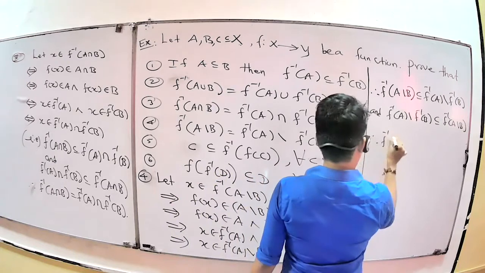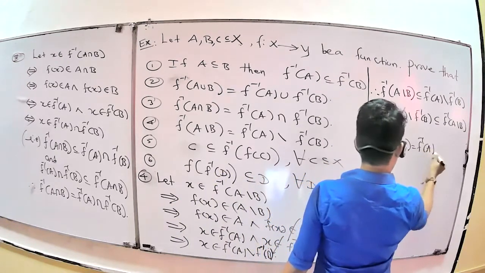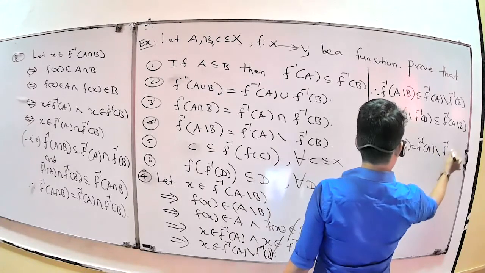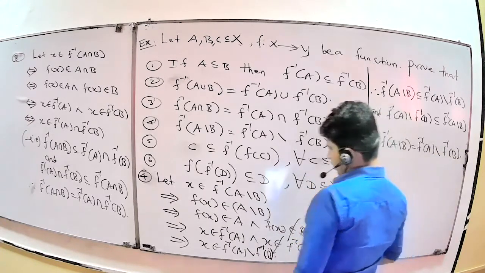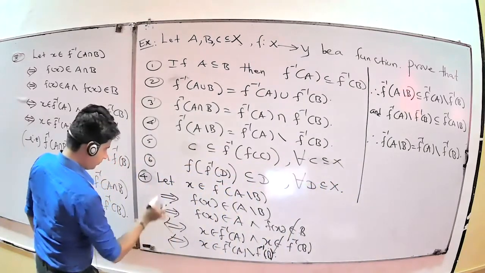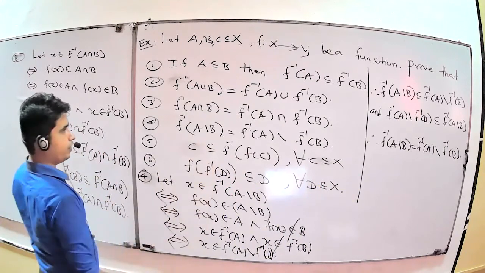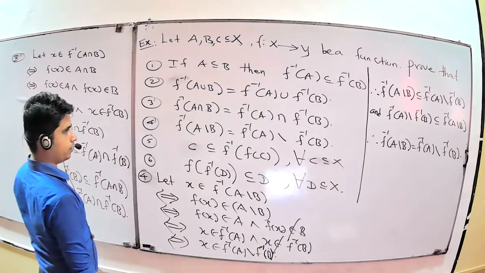Therefore, this reverse inclusion is also satisfied. Therefore, f inverse of (A minus B) equals f inverse A minus f inverse B.